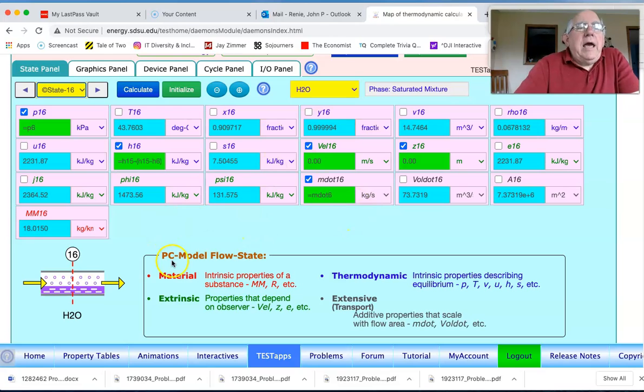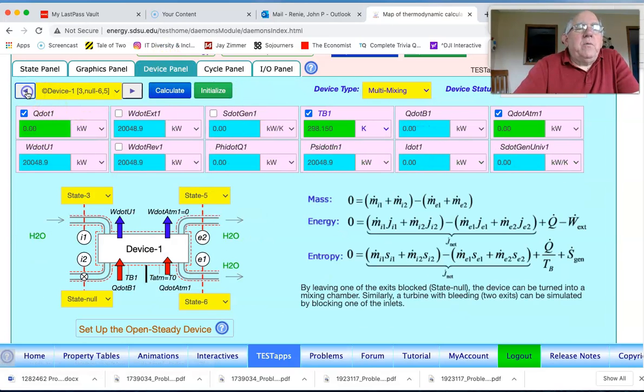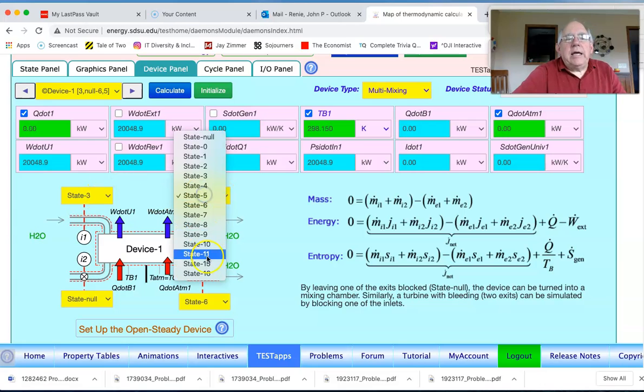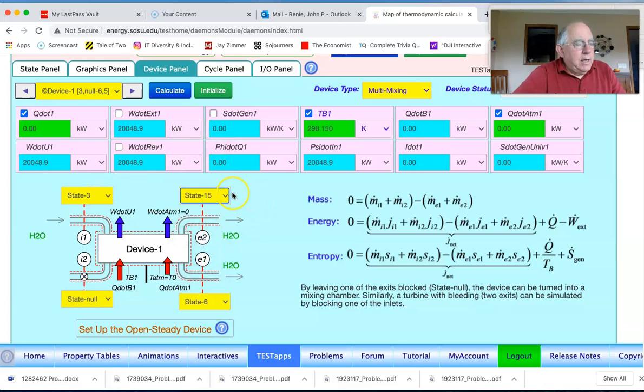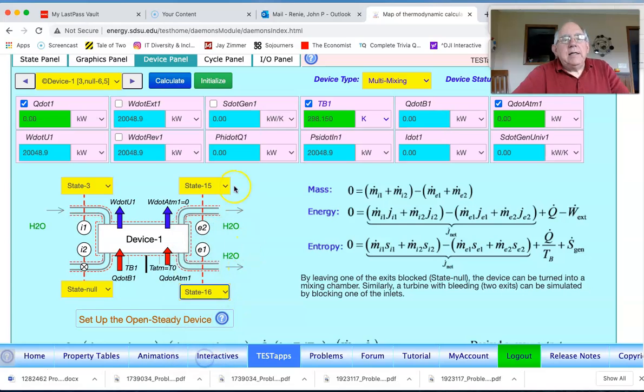Now, the last thing that we have to do is go back to our device panel, and the one in particular that we have to change is the turbine itself. And so we know that what's coming into the turbine is state 3, and then what is being extracted off is actually at state 15. And what is also then taken off at the end is at state 16. And so that's our new turbine.